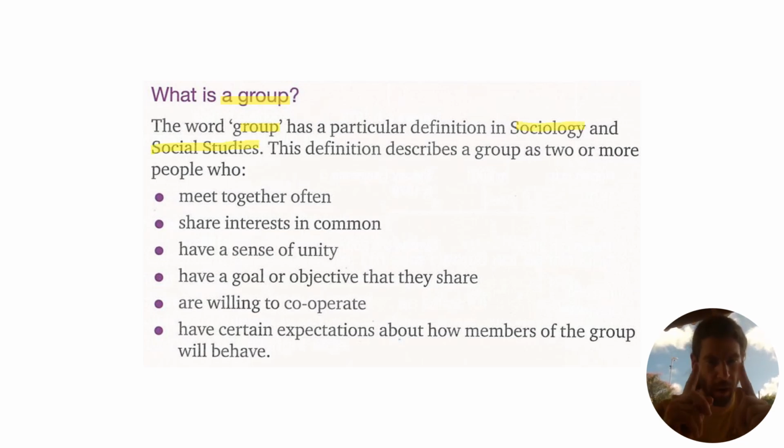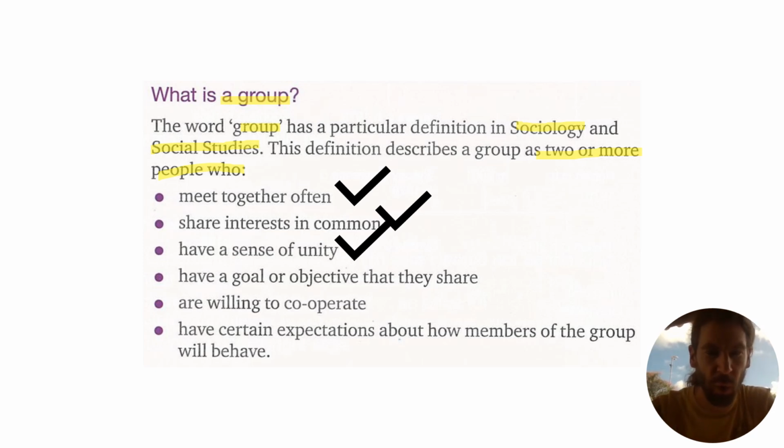It describes a group as two or more people who meet together often, have interests in common, have a sense of unity, a goal or objective that they share, are willing to cooperate, to work together, and have certain expectations about how members of the group will behave. There are rules.